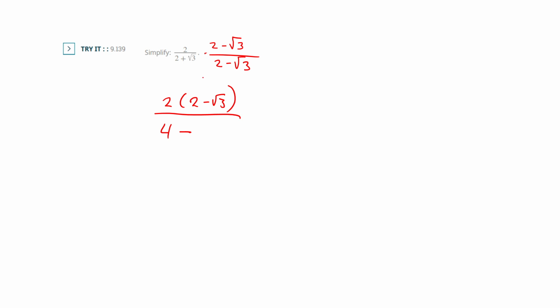You always give a minus. Square root of 3 times square root of 3 is 3. So we've got 4 minus 3, so I've got 1. Now let's multiply this through. I'm going to have 4 minus 2 square root of 3, and on the bottom I just have 1. So 4 minus 2 square root of 3 is the best we can do.